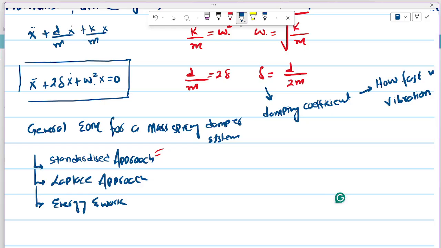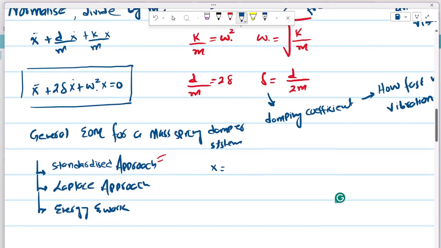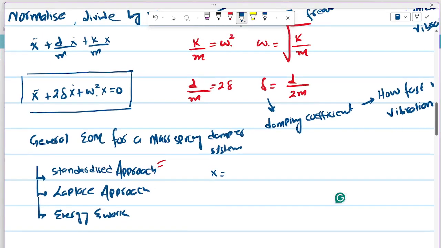The general solution for the second order homogeneous equation is x equals k e to the lambda t. You can call the constant anything: k, a, b, c. We don't know at the moment what the value of this k is.